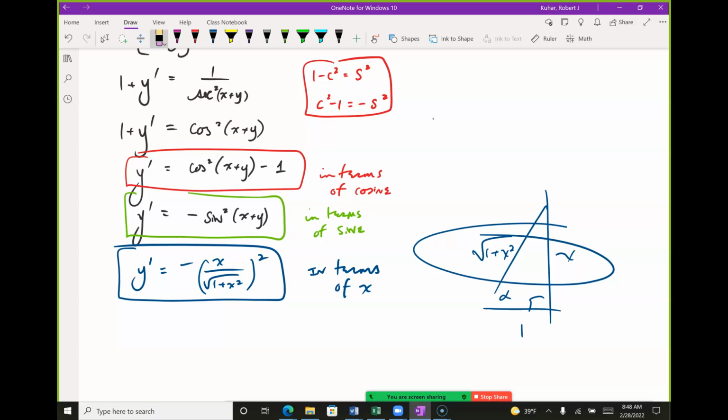Sine is opposite over hypotenuse, and then I square it. So I can simplify this a little bit: this is negative x squared over 1 plus x squared.